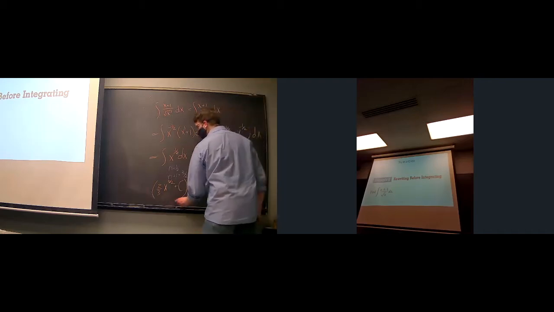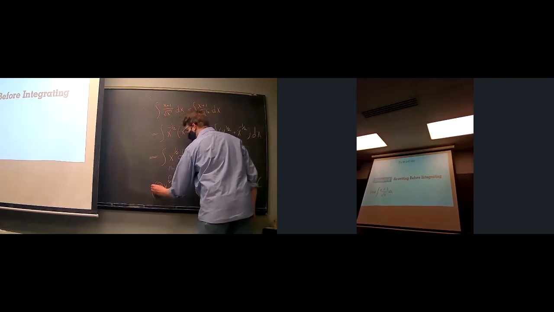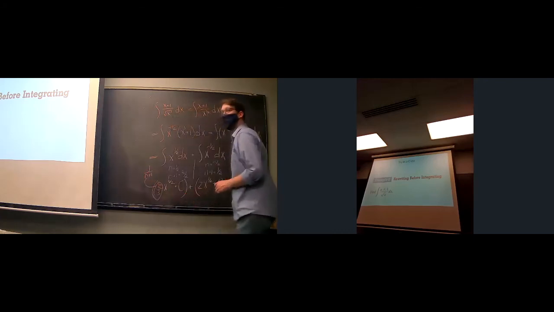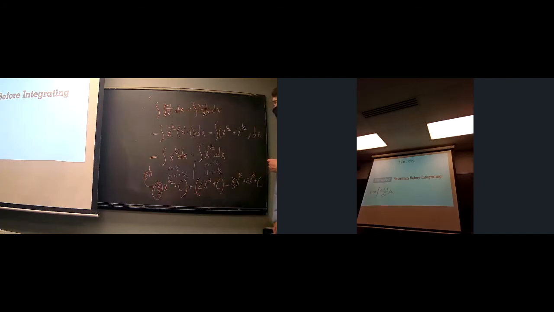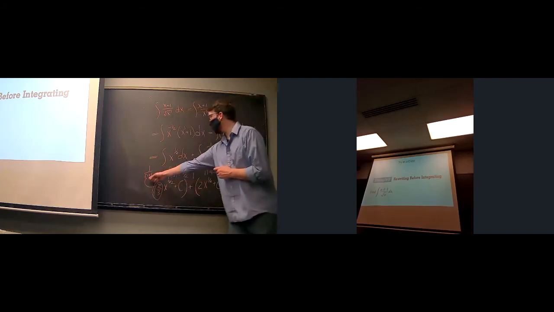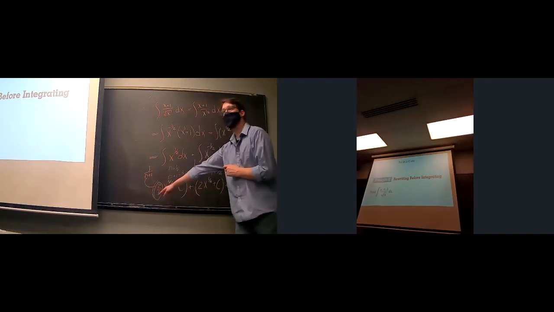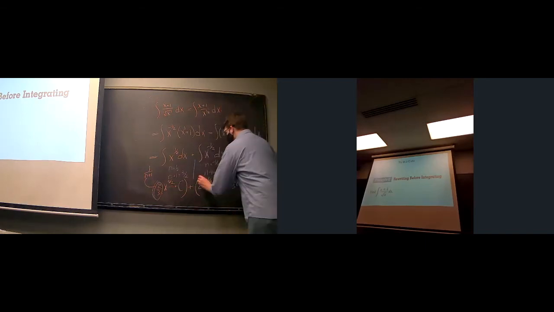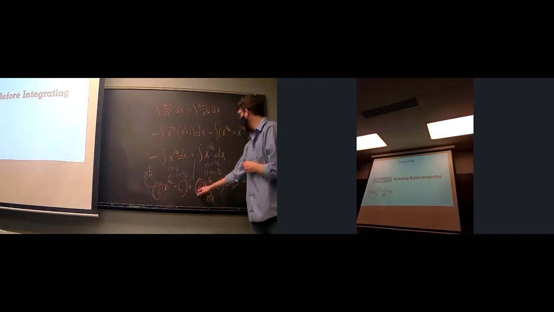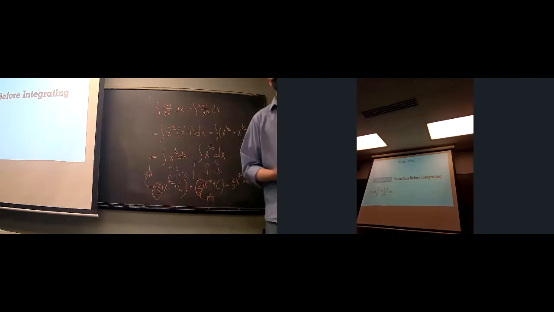So this comes from 1 over n plus 1, right? We said n plus 1 was 3/2, so 1 over n plus 1 is going to be 2/3. Similarly, this also comes from 1 over n plus 1, because we said n plus 1 was 1/2. Well, 1 over 1/2 is going to be 2.